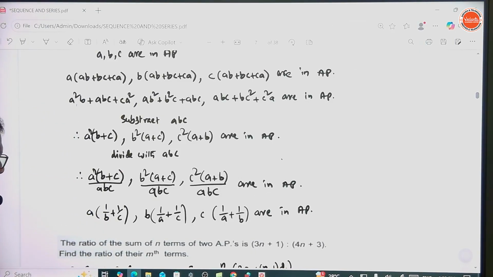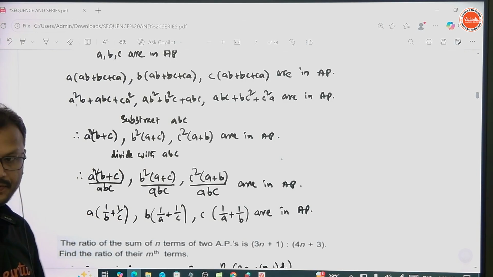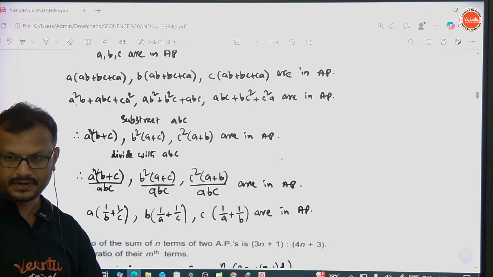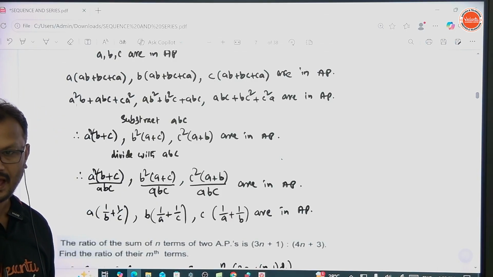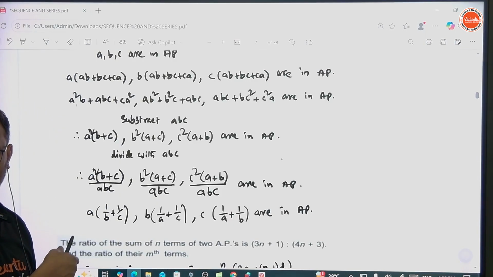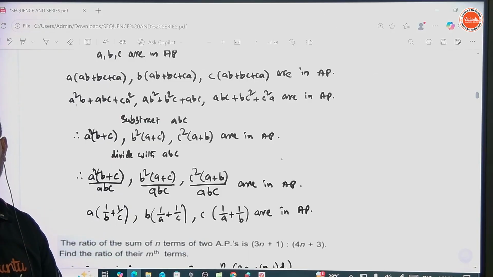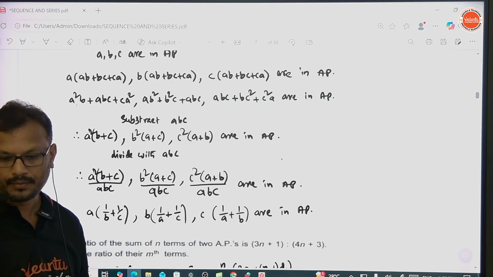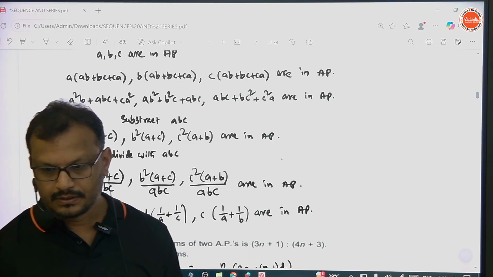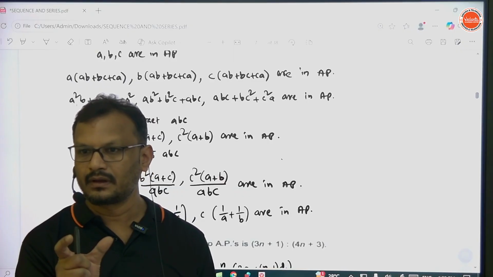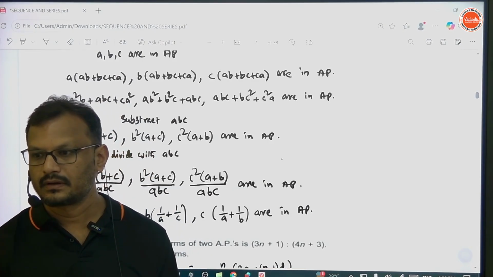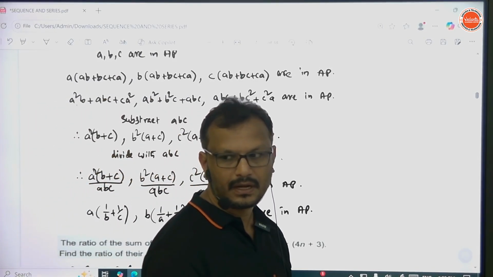The ratio of the sums of two APs, two different APs. The common difference is not the same. You should be clear about the points, whatever they are giving here. Accordingly, just note it down first. When you are practicing the questions also, clearly write what is given and what we have to find. So it was there in your mind in the beginning, no?